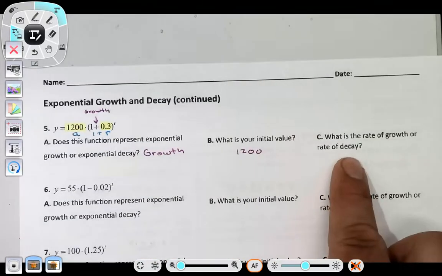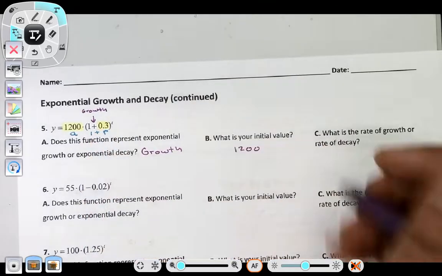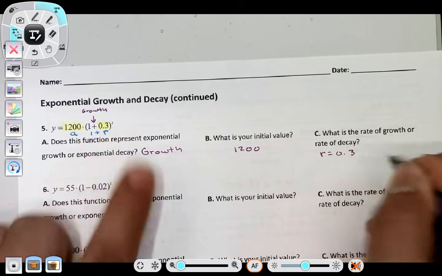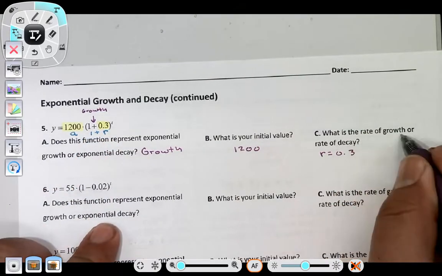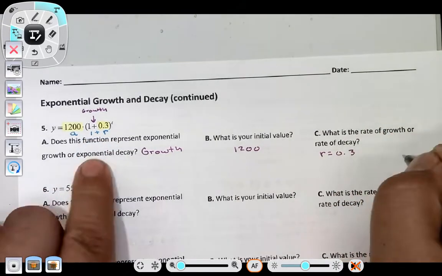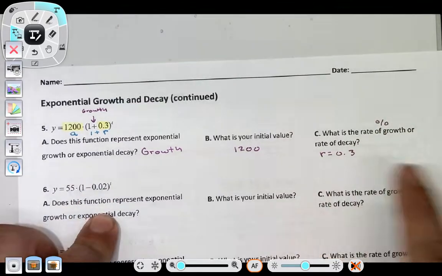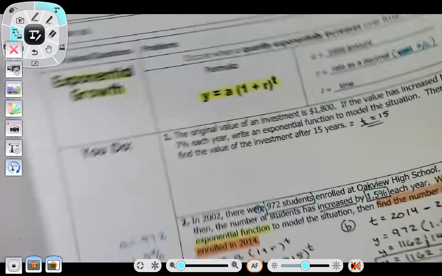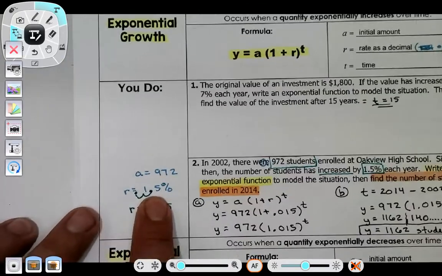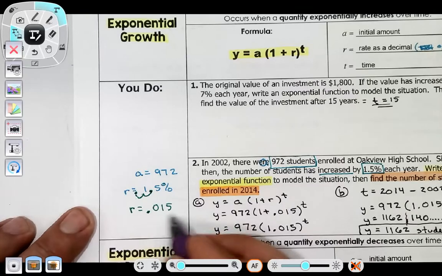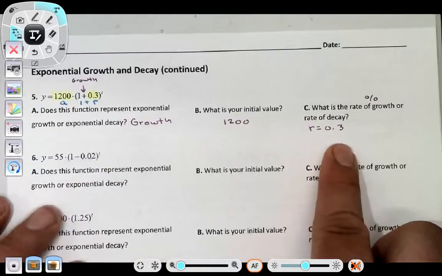But now you have to watch out for this one. We know it says R is equal to 0.3. But they said, what is the rate of growth? A rate of growth, because that's what this is, a percentage. So now they want me to go backwards. See, over here we said, if I want to turn a percent back to a decimal, I move it twice to the left, because I got to make this really small number. Well, now they're asking me, what is the percentage?